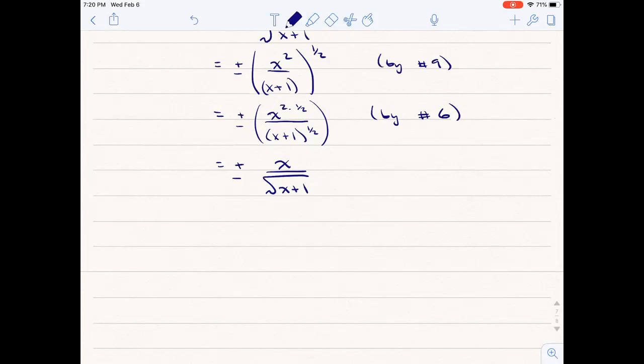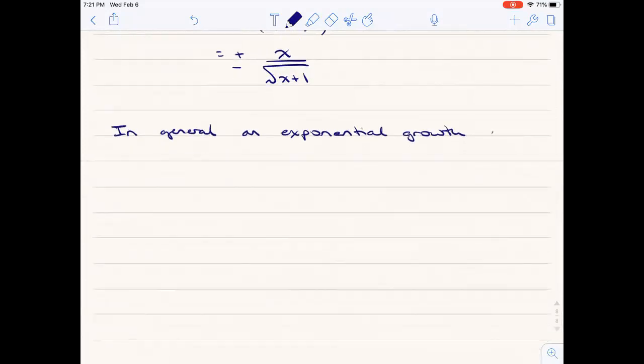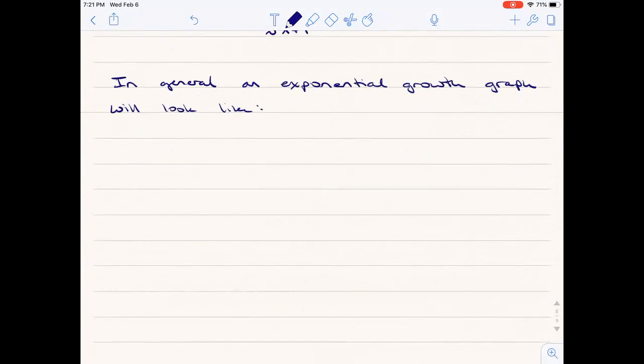So we've been dealing with exponents. You've probably heard of exponential growth. Exponential growth is when it starts off slow and then all of a sudden it just starts building and building. It goes up and it increases really rapidly. And so in general, an exponential growth graph will look something like this.